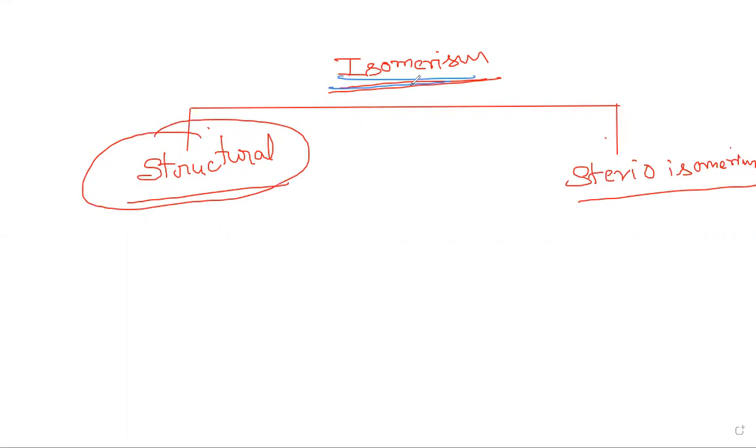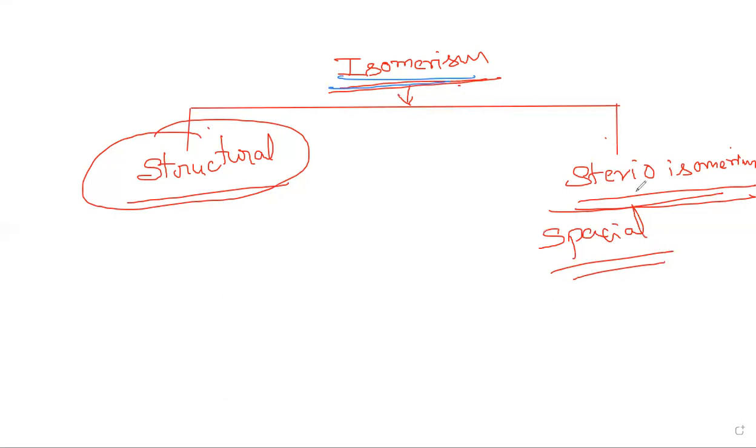In this session, we'll be discussing stereoisomerism. Organic compounds have the same molecular formula and also the same structural formula. Both structure as well as molecular formula will be the same. Then what is the difference between them? Their spatial arrangement is different.